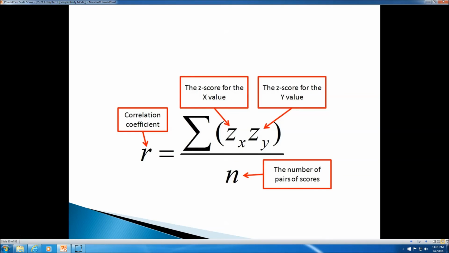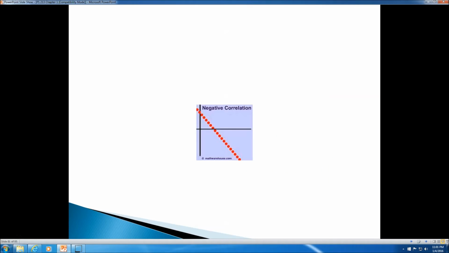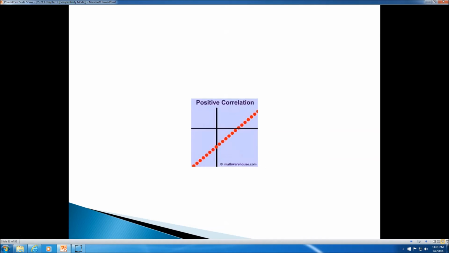We can then obtain a correlational coefficient, which ranges from negative 1.0 all the way up to positive 1.0. The further the number from zero in either direction, positive or negative, the more powerful the correlation is.